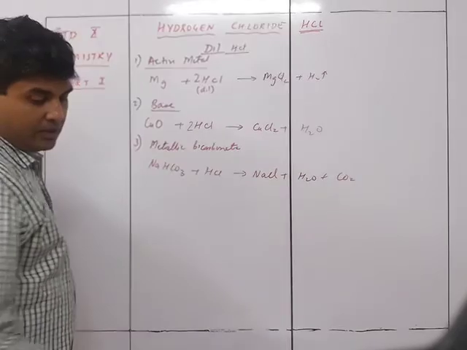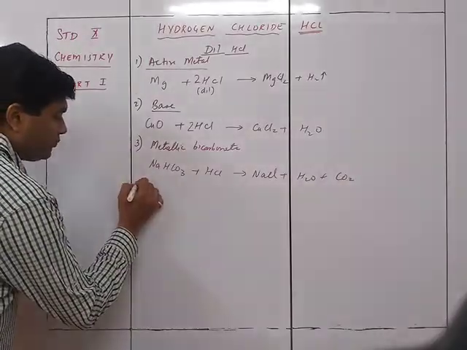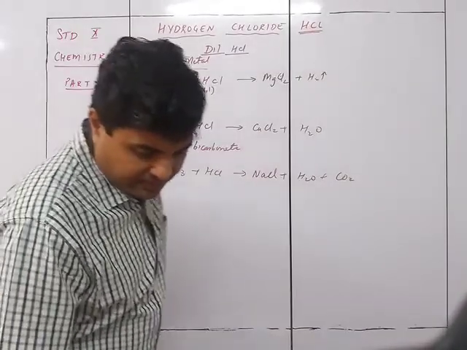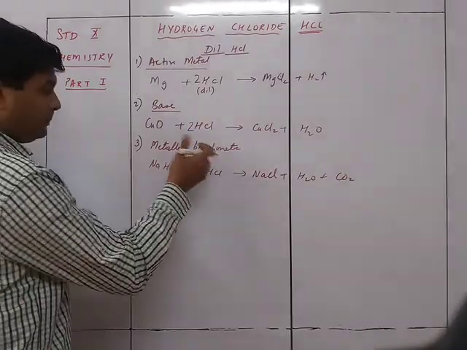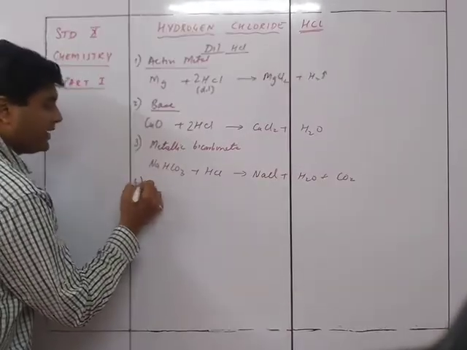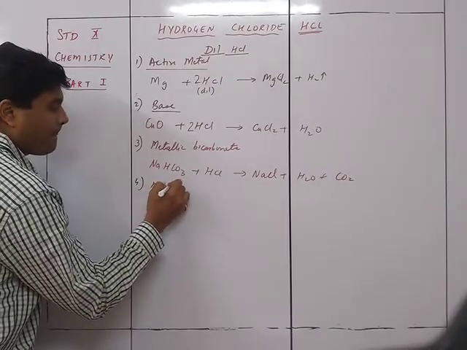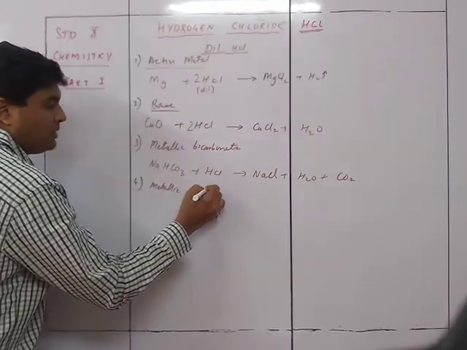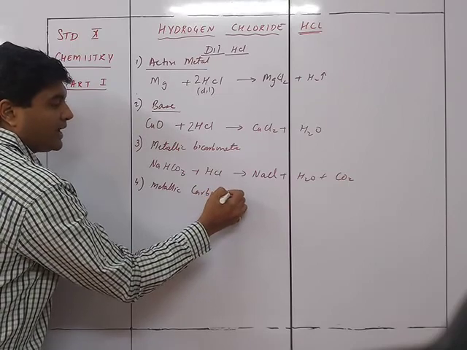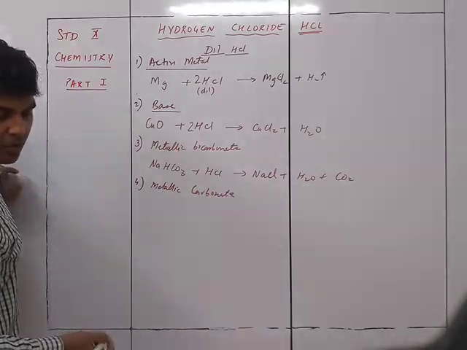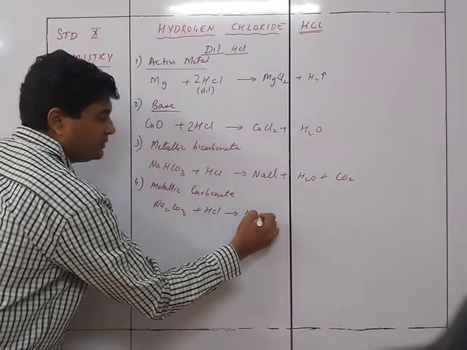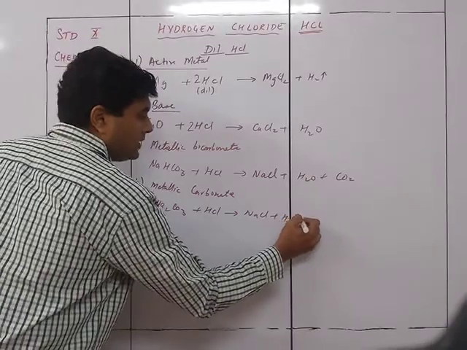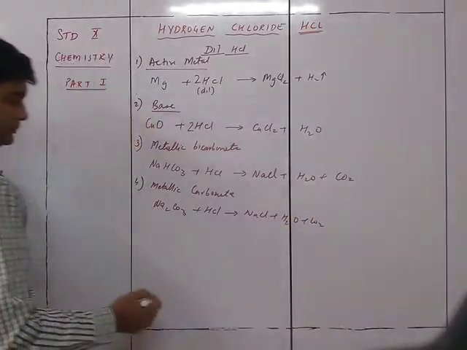Sorry, I missed out something, carbonate over here. So the fourth one we can take as metallic carbonate. We can take the example of Na2CO3. Na2CO3 plus HCl will give me NaCl plus H2O plus CO2. Same reaction.